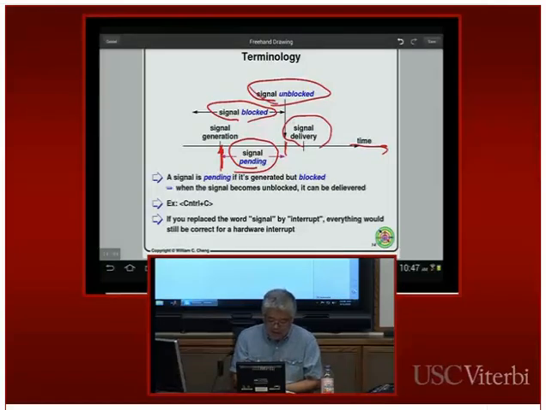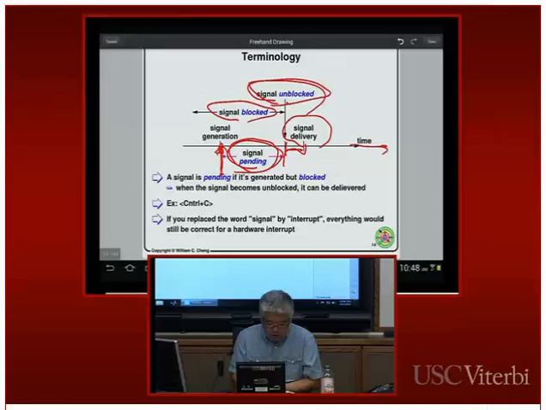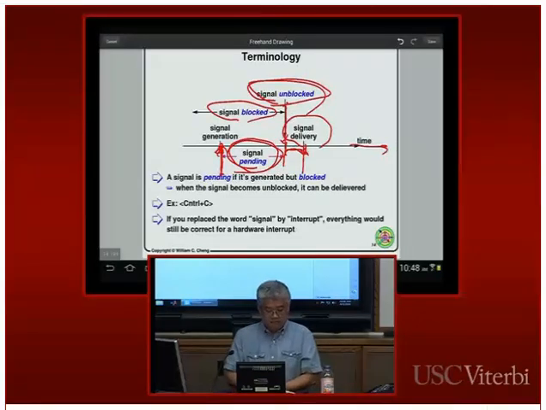If I have the signal blocked, then the signal becomes pending if it's generated while the signal is being blocked. Eventually, when the signal becomes unblocked, then a little bit later, because it always takes some time, the signal is delivered to this user thread or process, and that thread will continue to execute. So there's a time of signal generation, signal getting unblocked, and then signal delivered.